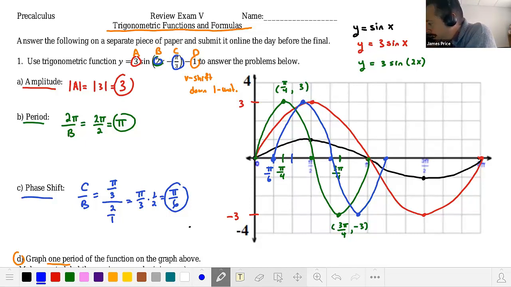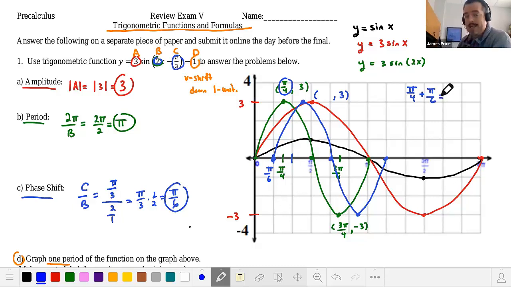So that new blue point right there, it still has height 3, but the input is right in the middle between this slash and that slash. Or if you like, just take pi over 4 and add pi over 6 to it. So right here, I can take pi over 4, because that was the input right here, and you're just adding pi over 6.